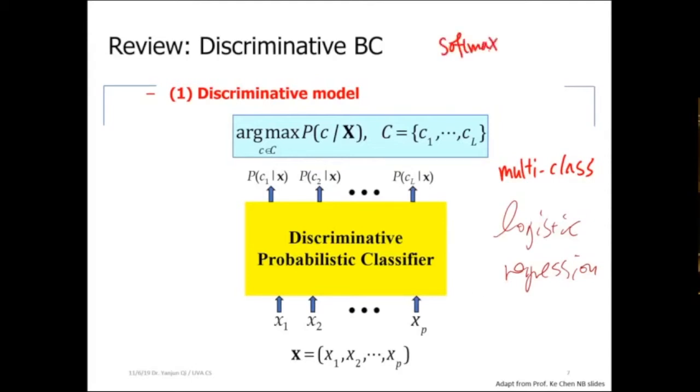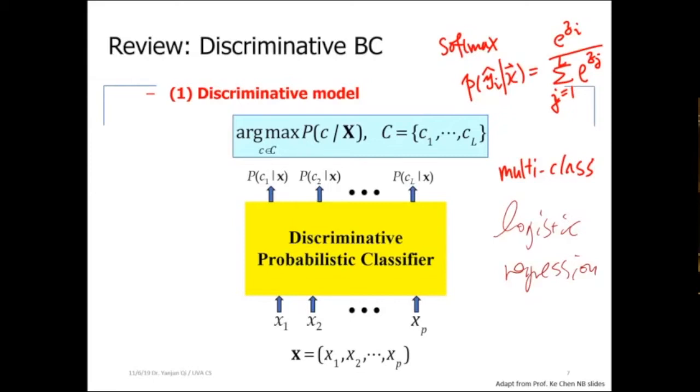The softmax gives you P(yi = 1 | x) equals e to the z i over the summation over j from 1 to L, where there are a total of L labels, of e to the z j. This is exactly what the softmax function gives you.